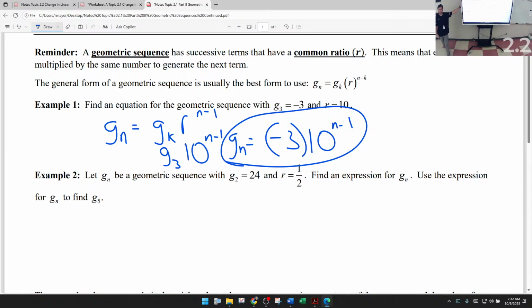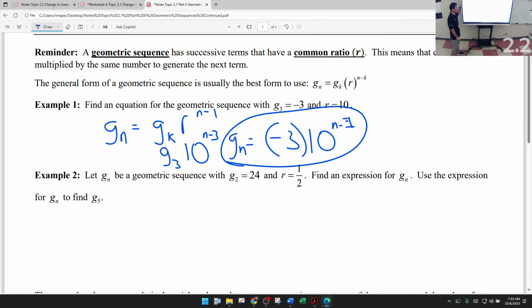Yep. I have a question. So it says in the equation, it's like r raised to the power of n minus k. So why would this? Oh, that makes sense because I'm an idiot. I knew that was too easy. N minus k. Thank you. N minus 3.